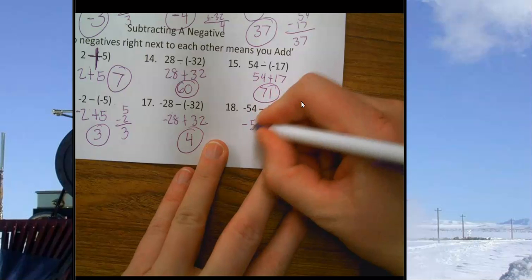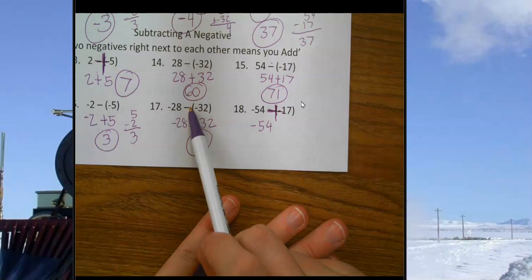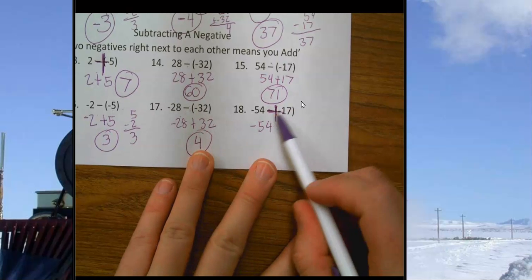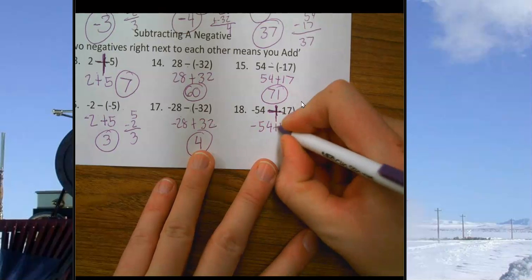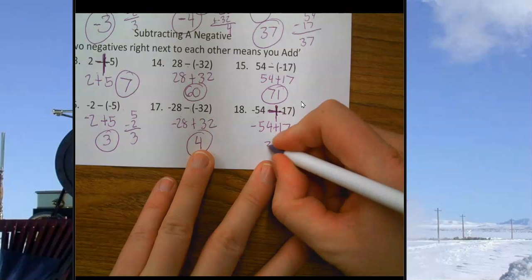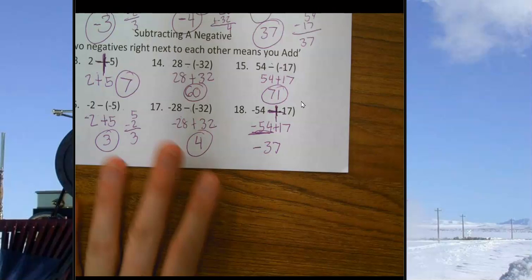Negative 54, giant plus sign this time. Either way, it doesn't matter. You can think of it as minus becomes a plus, change that, or you can think of it as just a giant plus sign. Negative 54 plus 17 is 37. Bigger one's negative, so the answer is negative 37.